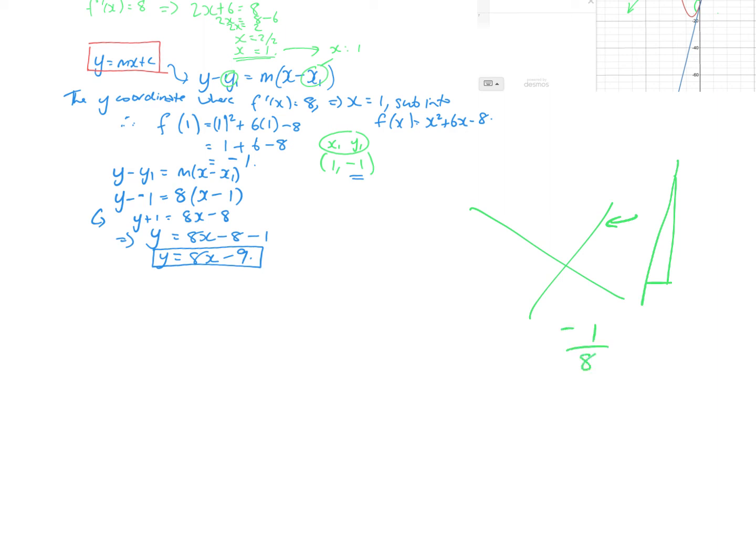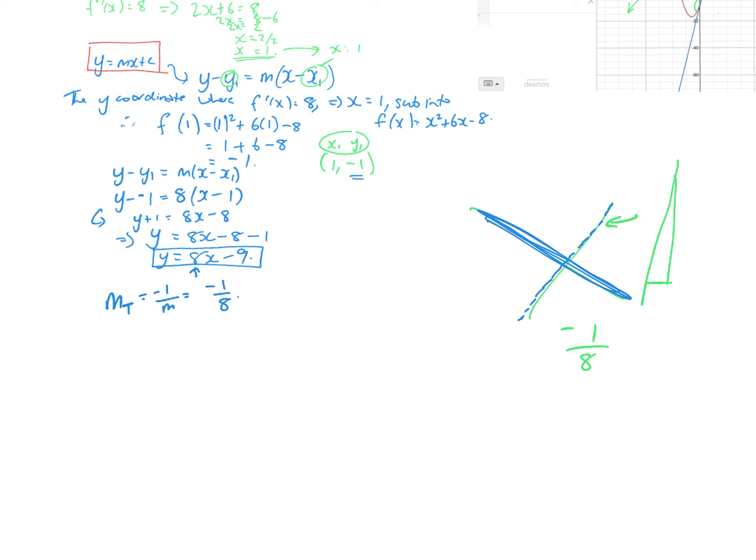So the normal line has a negative inverse, or opposite sign, to the line we are putting it normal through. So what we say is the gradient of the normal is negative 1/m, and we know that m is 8 from this general equation, therefore it's equal to -1/8.